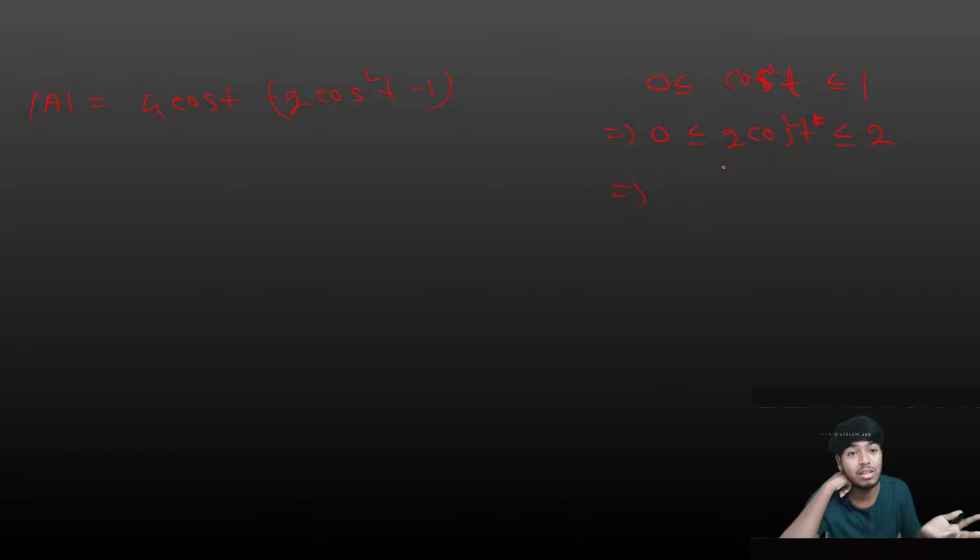These are all the real inequalities we can do. So -1 to cos square t less equal to 1. So what is the maximum value? This one the maximum is 1, and -1 less equals to cos of t less equals to 1.